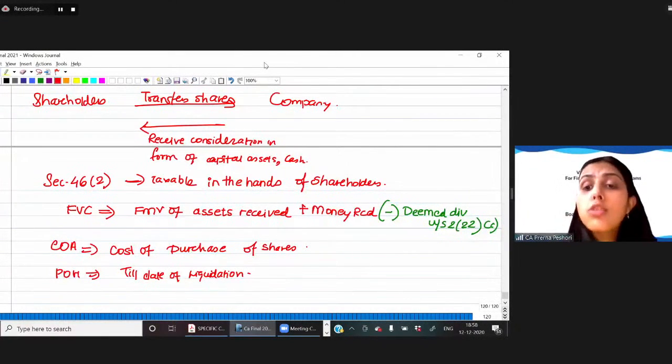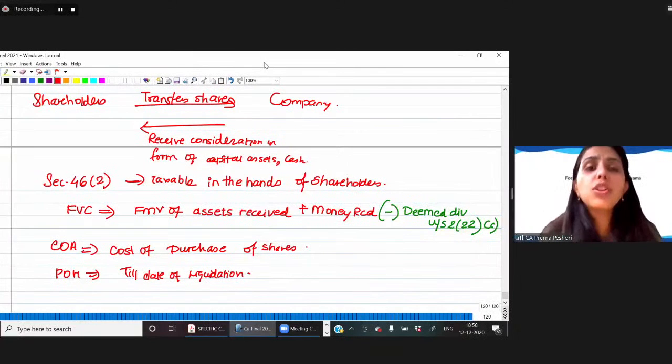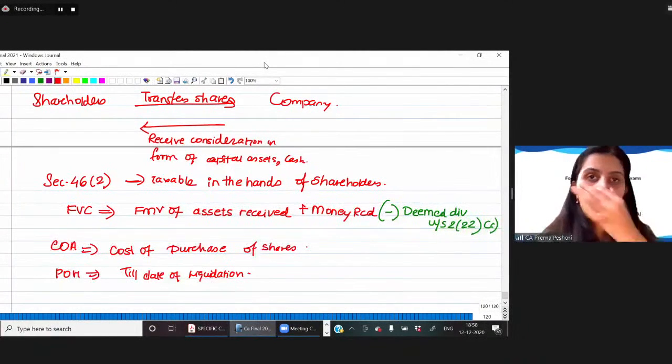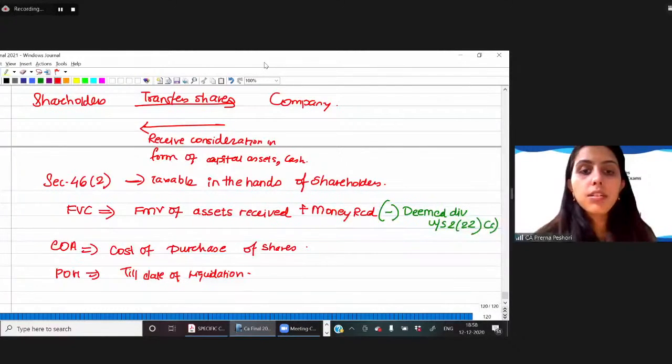No, no, sorry. So capital gain would arise in the year in which he is receiving the assets. Clear, Padmanabhan? Any other doubt? Is this concept clear? Is it clear? Any other doubt?